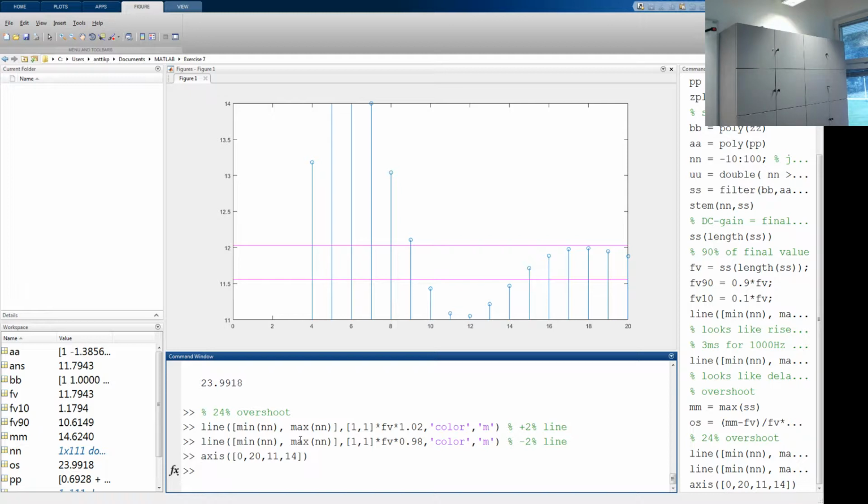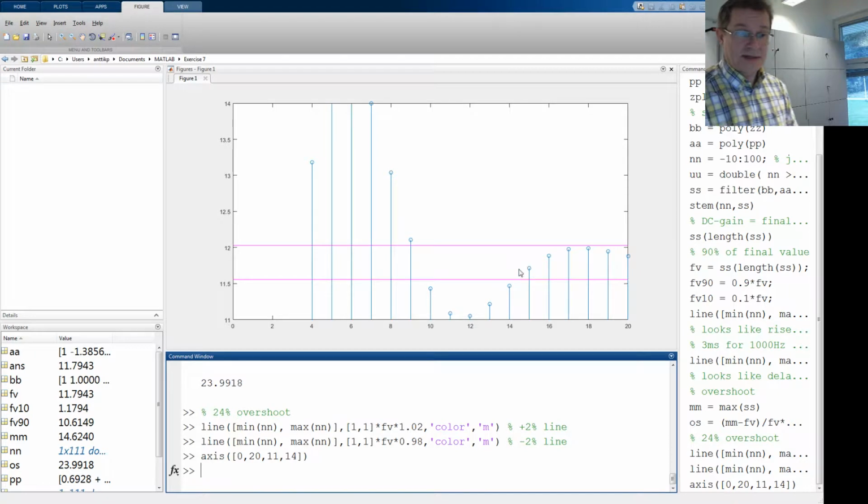So that's a point outside of the plus minus 2% region, with this one here. So that's the last point. So one after that, that's the settling time. Now the signal has settled, since after this one you don't get any overshooting more than 2% anymore.